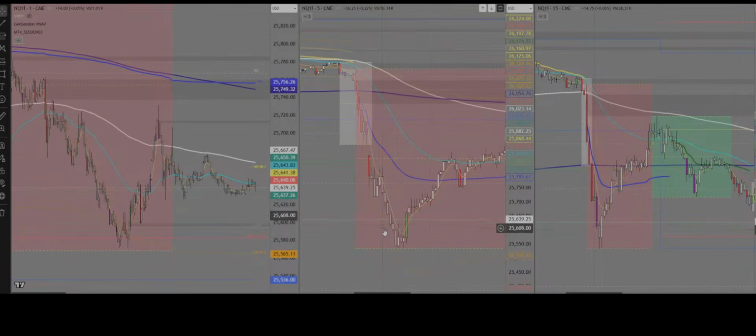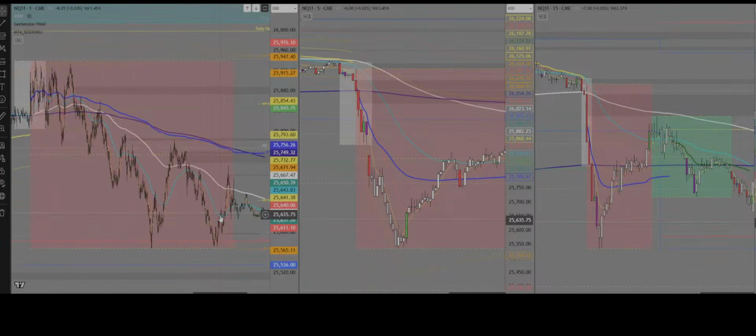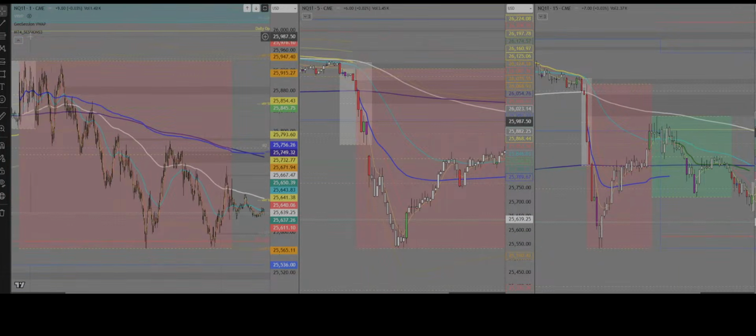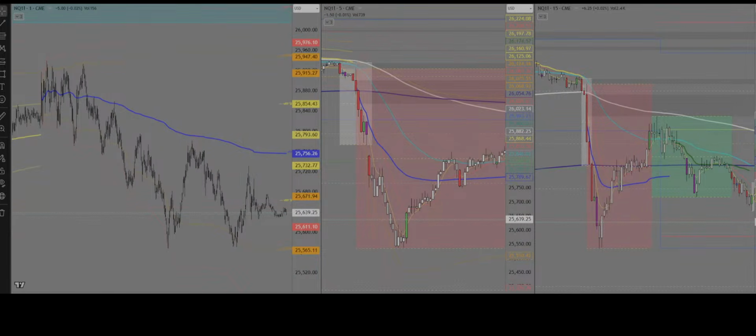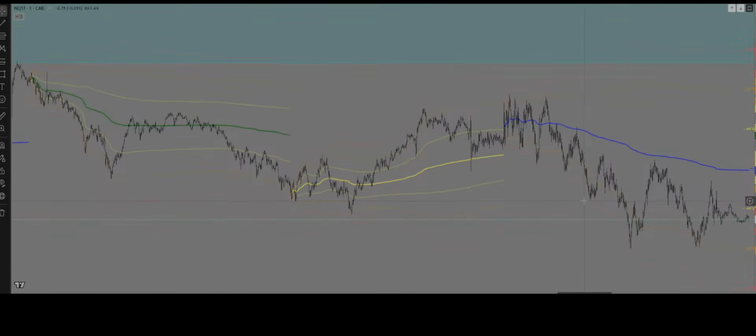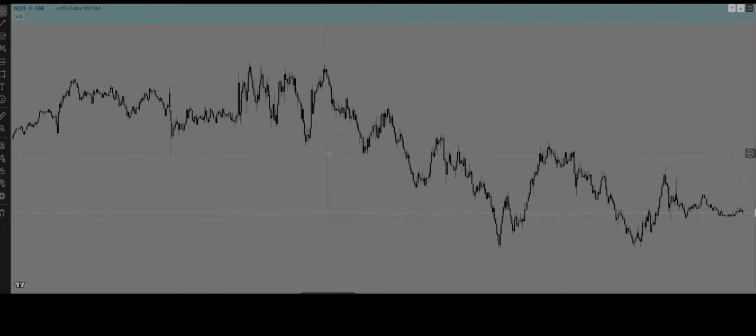It's definitely different. ICT has names for it. Like, is it a cleaner chart if you take everything off? Yeah.